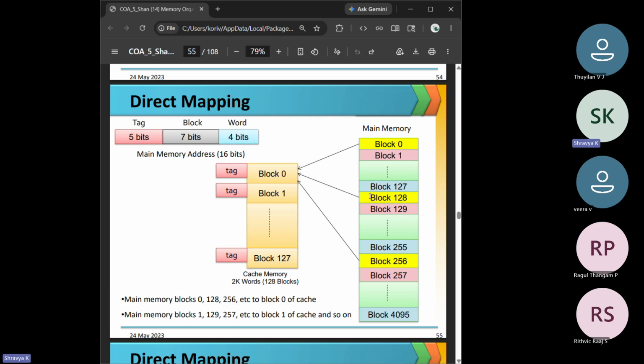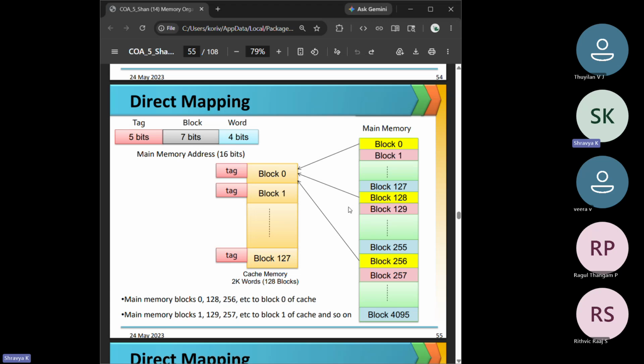And if I ever want to see block 128 of the main memory, I will know that it is mapped to block 0 over here. So block 1 will be mapped to block 1, block 2 to block 2, and so on till block 127, which is mapped to block 127. And then you again go around, mapping block 128 to the first block, block 0. So you keep repeating that process.